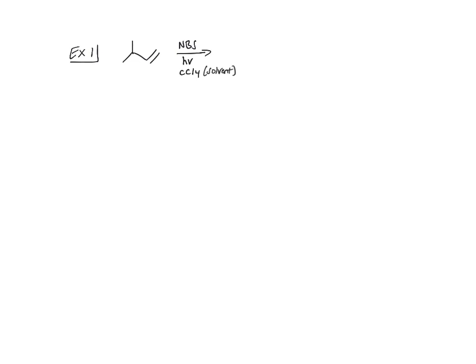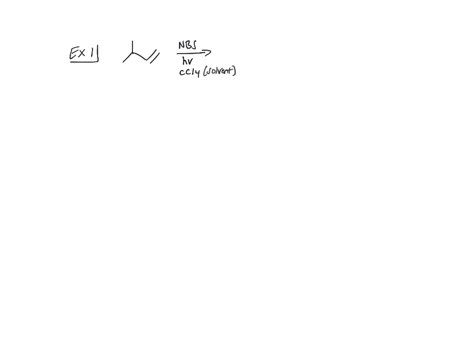Now, in order to figure out what the products are going to be, don't sit there and try to guess. What you want to do is first draw out your allylic radical. And if there's more than one, draw all of them out. Okay, so identify your allylic positions and then draw that radical before you draw a product.